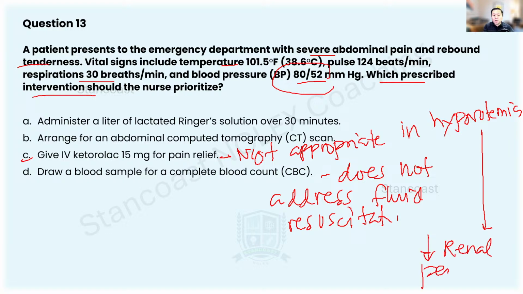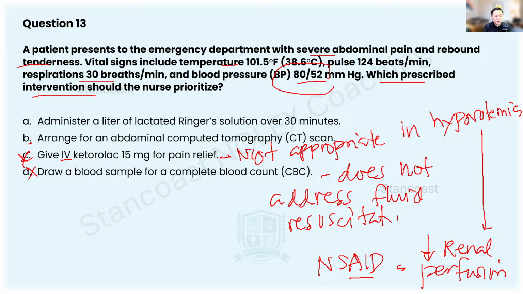It will complicate the issue. The non-steroidal anti-inflammatory drug, together with the decreased perfusion to the kidneys, can lead to acute renal failure. So we are not supposed to administer ketorolac. It is an NSAID. Do not administer this one. Look for another pain medication for this patient. Do not give this. Eliminate, eliminate.